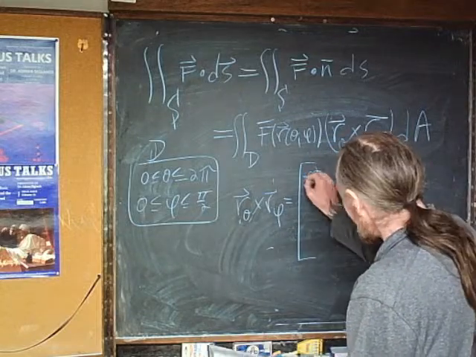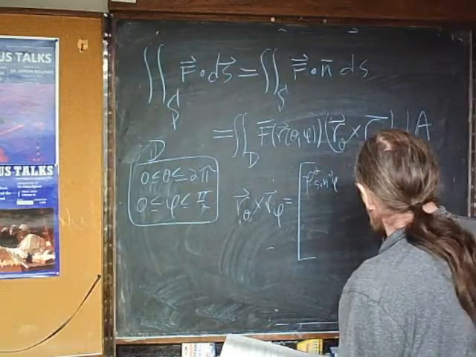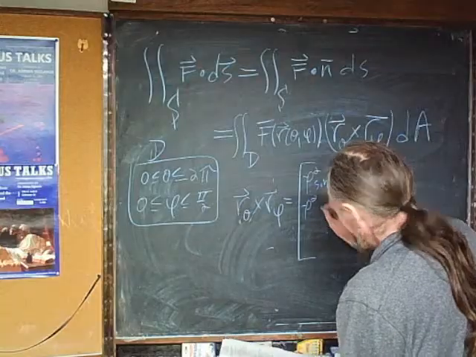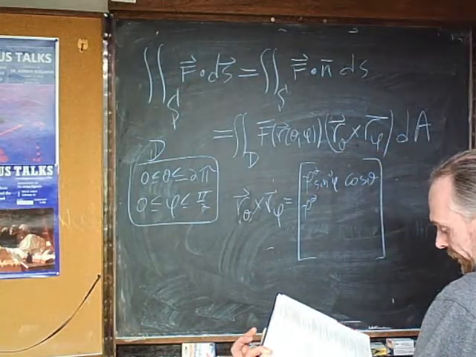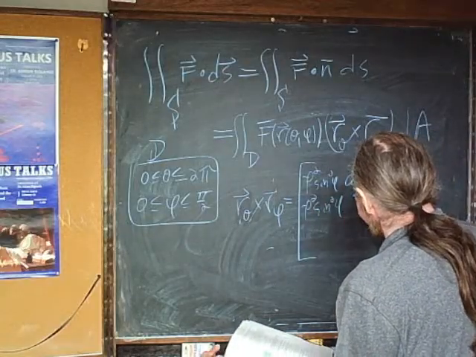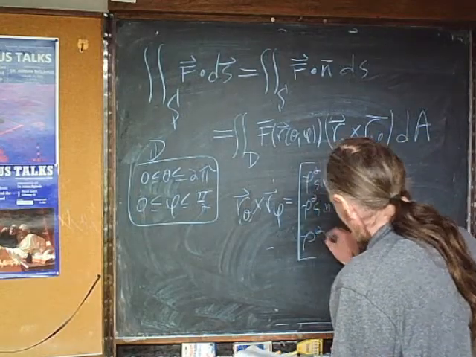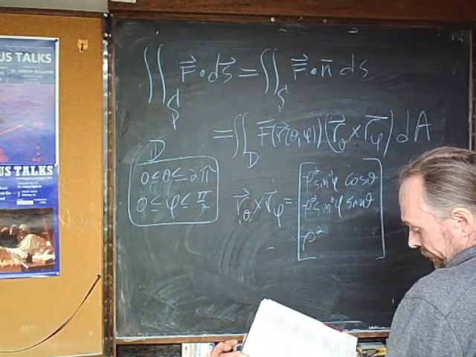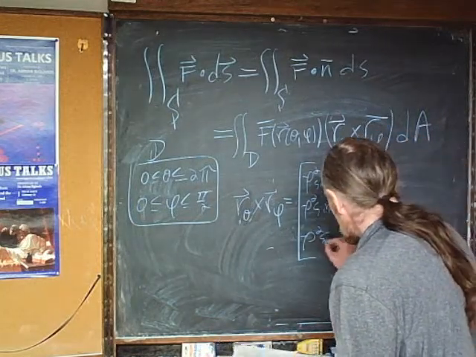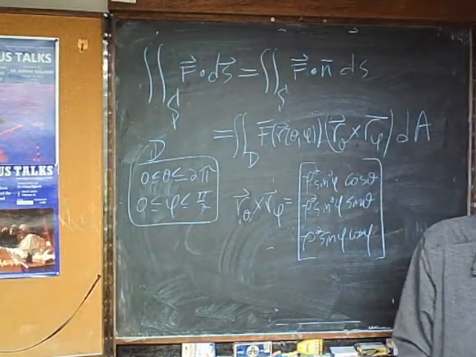Negative rho squared sine squared phi cos theta, negative rho squared sine squared phi sine theta, and here's where I missed it the last time: negative rho squared sine phi cos phi. I kept writing it wrong, and that's where I made the mistake every time.